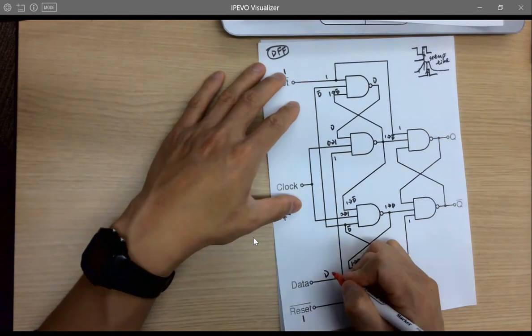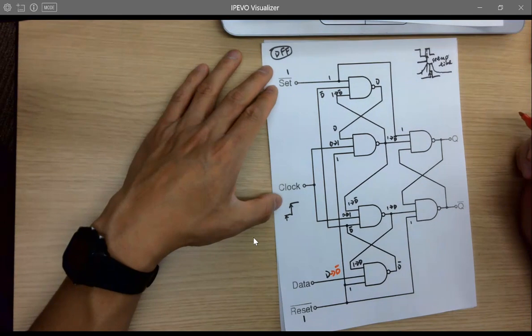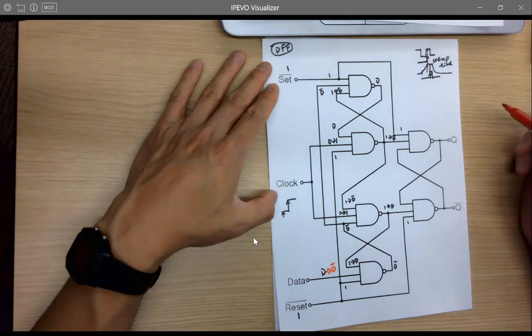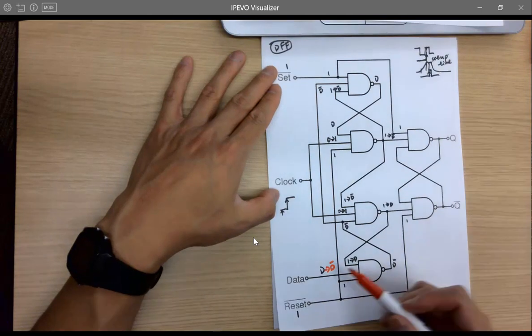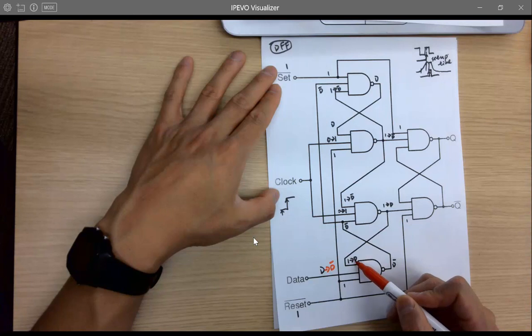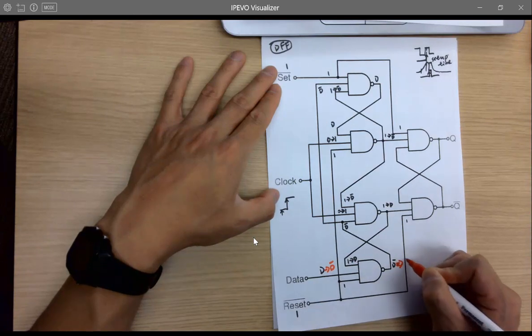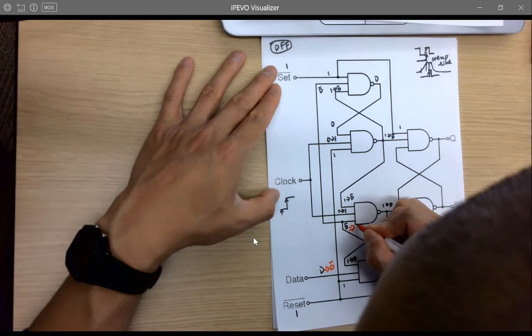So if D changes to D bar, what's going to happen? During untimed clock, D changes to D bar. It's very similar to the last one, right? So D bar and the D will be 0. 0 inverted will be 1. So this becomes 1.